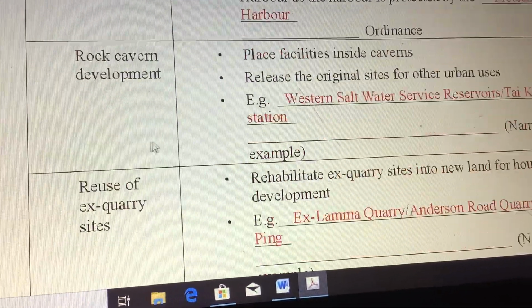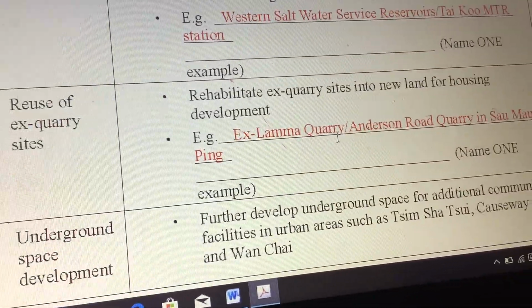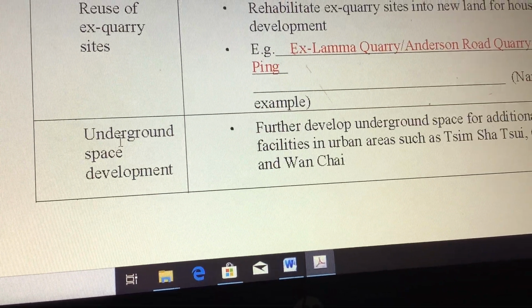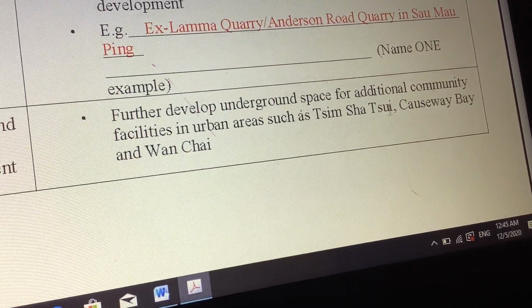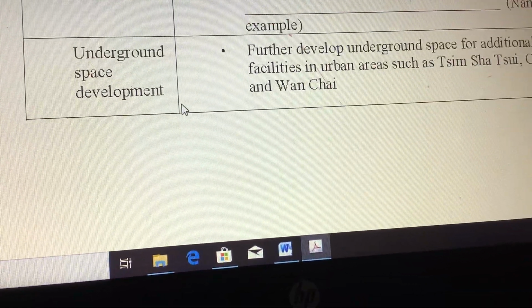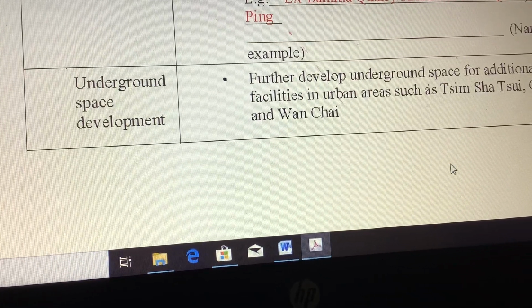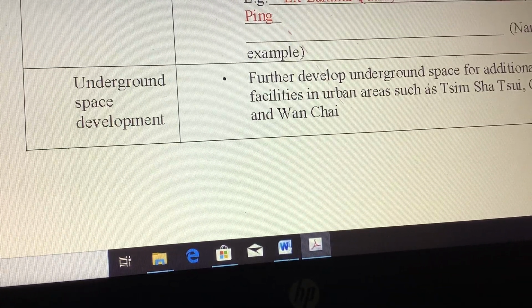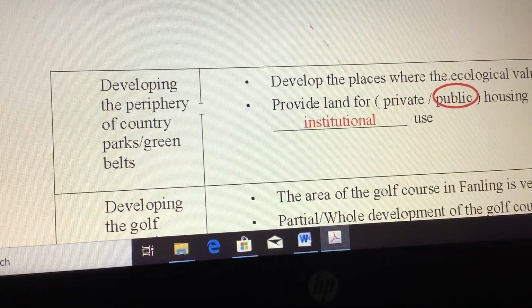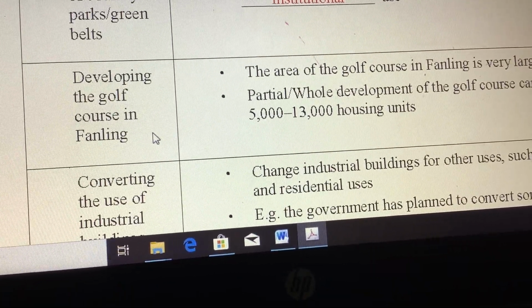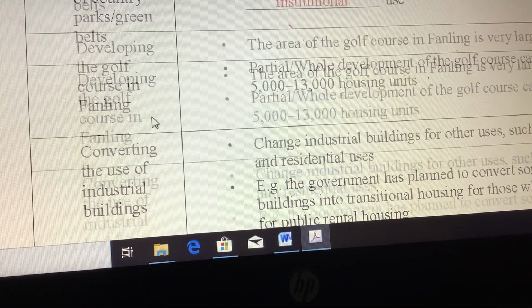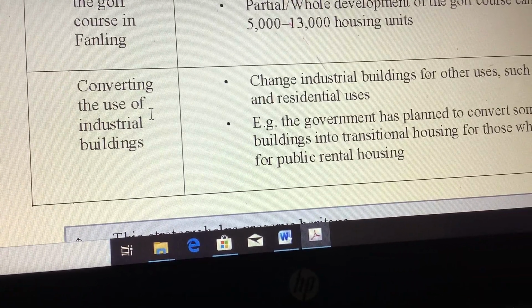Rock caverns, and reuse of ex-quarries, like Anderson Road, which is having a public estate right now. Underground space, just like at Causeway Bay, Victoria Park. It's suggested that we are going to make some underground space under Victoria Park for shopping, those kinds of things. Developing the periphery of the country parks, not yet inside the country parks. The golf course in Fanling, converting the use of industrial buildings, and so on.